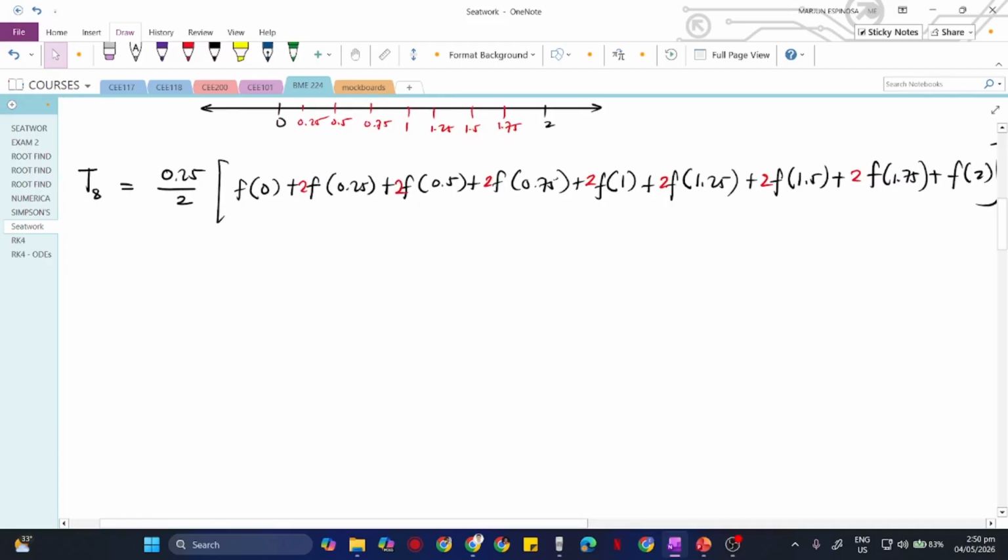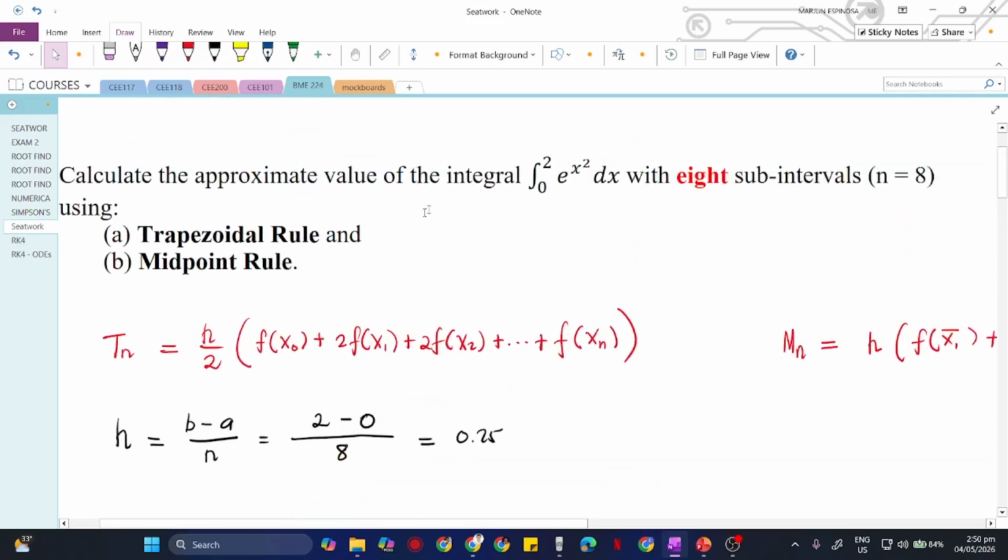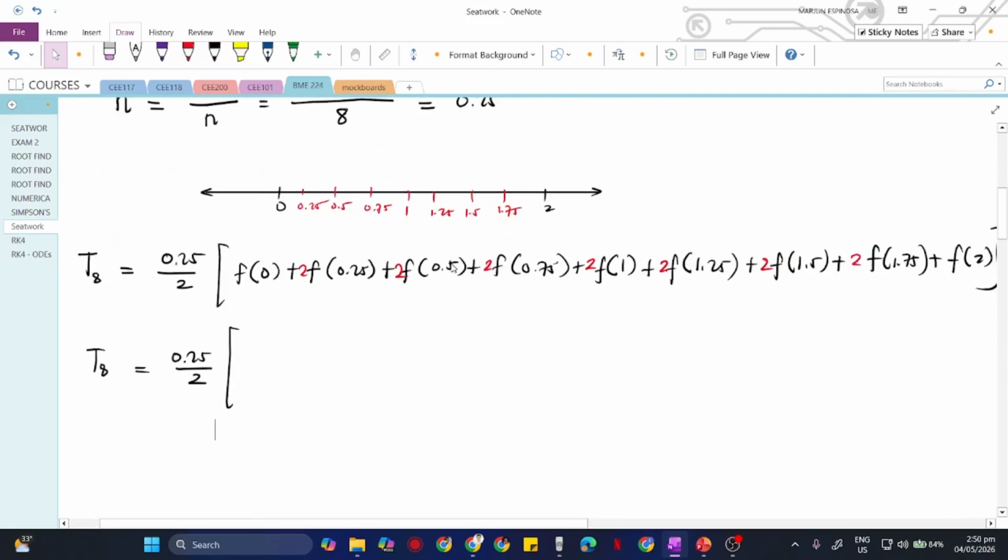Okay? So, proceed tayo. T sub 8 equivalent sa 0.25 over 2. Then, yung function natin, di ba, that was e raised to the power of x squared. So, yung lahat ng value ng x will be equating that to this one. So, 0 to 2. 0 raised to the power of 2. Ano yung e raised to the power of 0 square? 0 square is 0. Magiging 1 to.